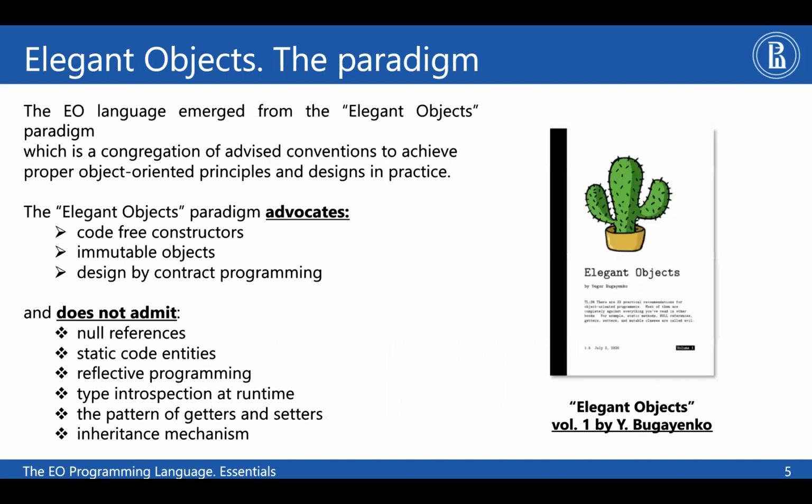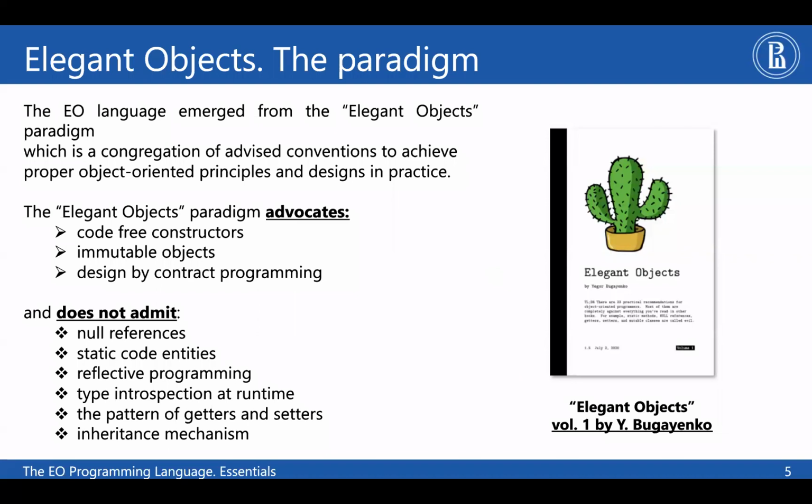The Elegant Objects paradigm is a congregation of advised conventions to achieve proper object-oriented principles and designs in practice. The overall review of all of the principles of the paradigm would take us hours. So if you're interested in these ideas, please find Yegor's books at yegor256.com/books. Still, let me mention some of these.